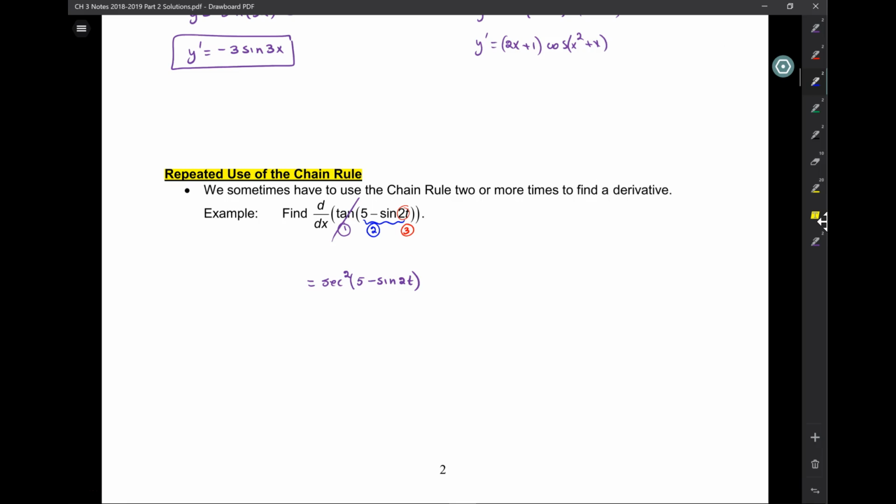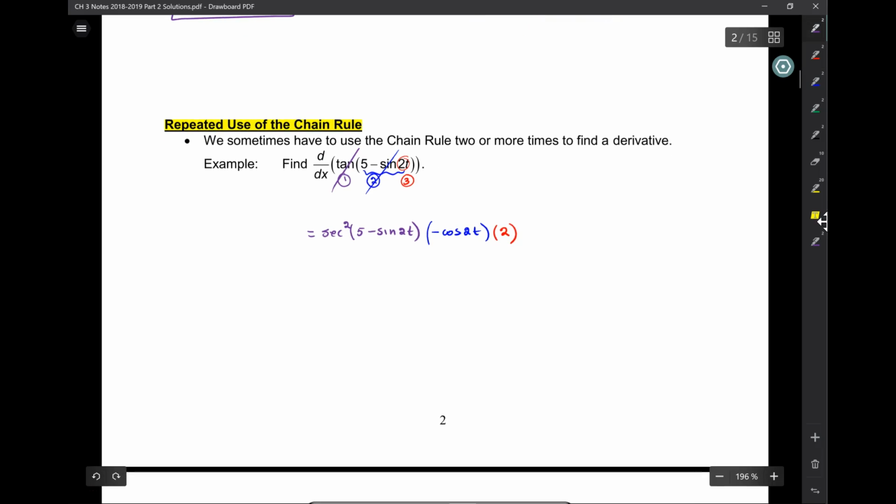What's the derivative of that? Negative cosine 2t. Done with that one. Next, times 2. It wasn't even that big of a deal. The negative here, I'm going to pull it out. So negative 2 secant squared of 5 minus sine 2t, times cosine 2t.